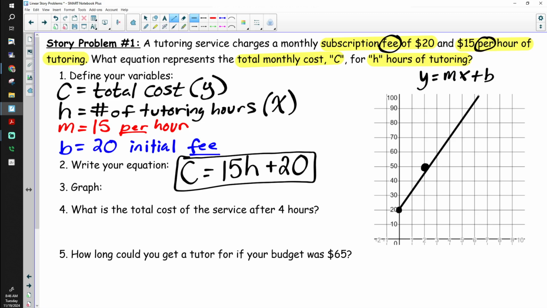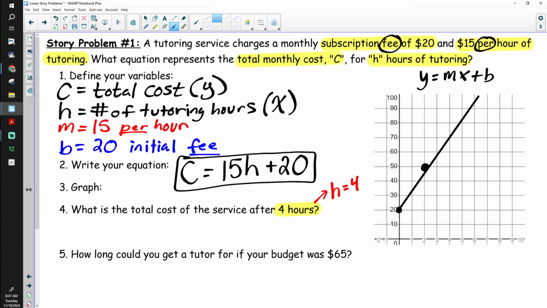What's our number in number 4? 4 hours, right? You see how it says 4 hours? That means they're telling us what H is going to equal in our equation. H is going to equal 4. So this is telling us, hey, H equals 4.